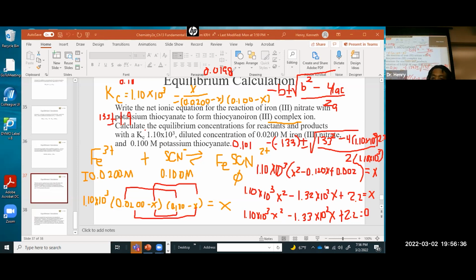So we had 0.101. Right? So let's talk about that. Is it possible for us to have 0.101 molar of our product? Why isn't it possible?